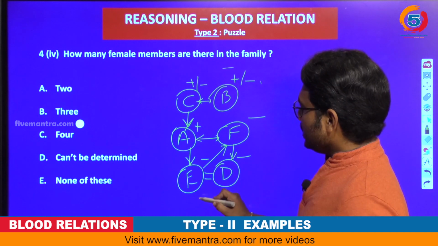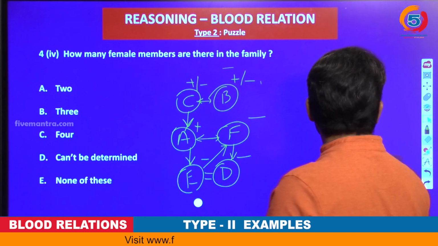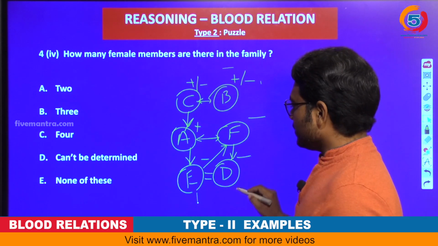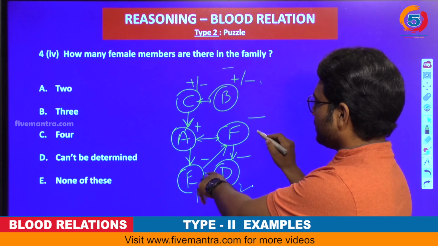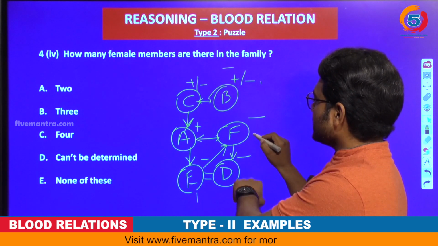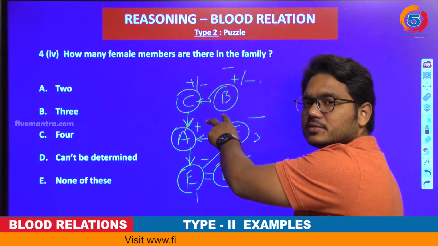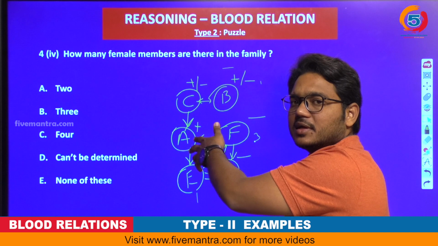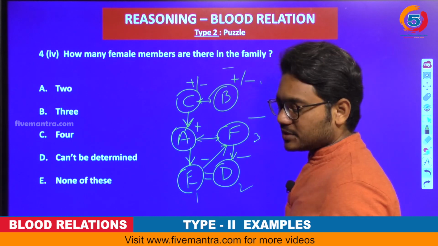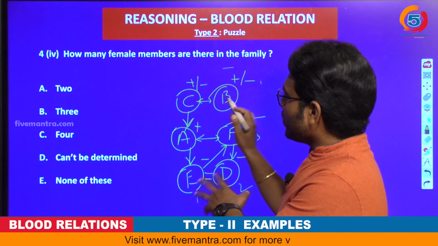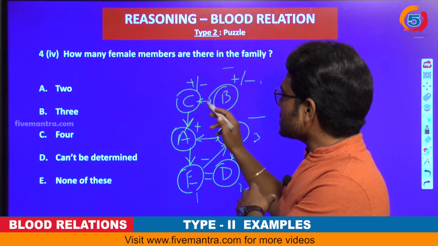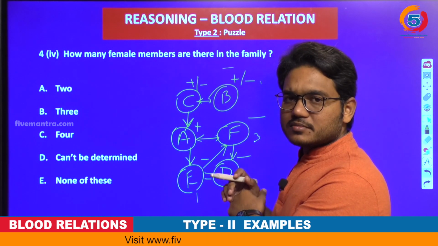See, E is one female, second, D is second, F is another, total 3 we got, and out of C and B, whose gender cannot be determined based on the given statements, one between them is female, because they are a couple, isn't it?